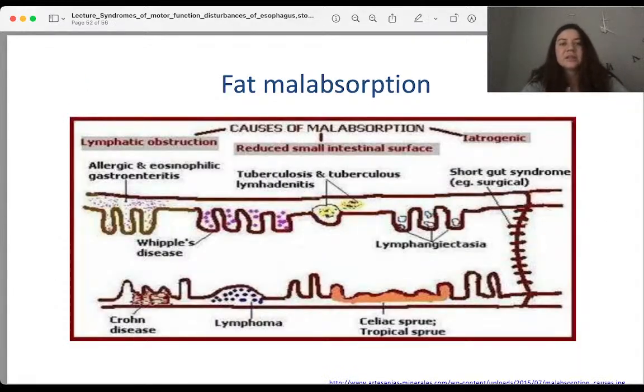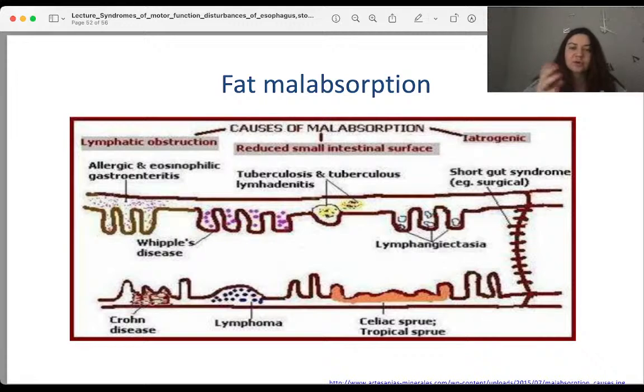And here you see a detailed scheme of the pathophysiology of fat malabsorption. Yes, with the main causes of it: lymphatic obstruction, reduced small intestinal surface, and iatrogenic causes. That results in allergic eosinophilic gastroenteritis, tuberculosis or tuberculous lymphadenitis, and short gut syndrome.